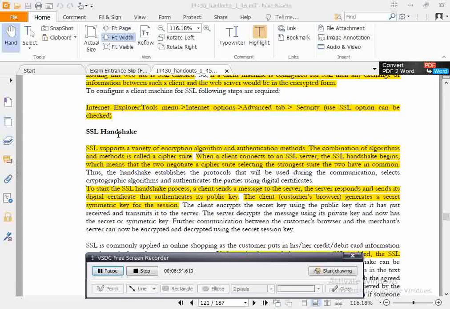SSL handshake. SSL supports a variety of encryption algorithms and other authentication methods. The combination of algorithms and methods is called a cipher.